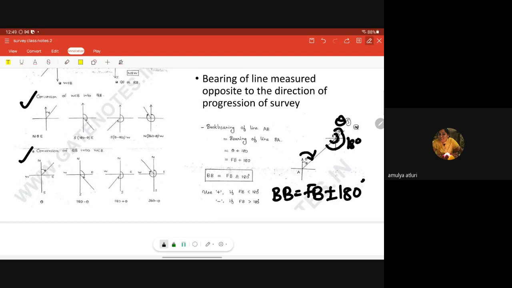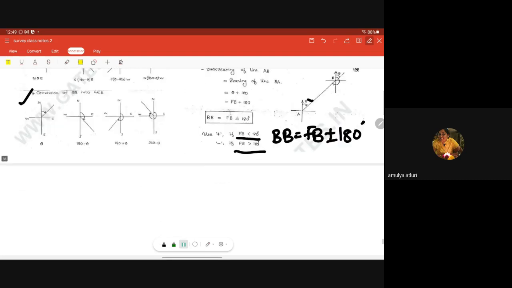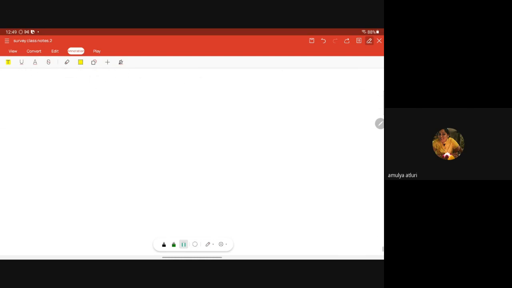We use plus if my forebearing is less than 180 degrees, and minus if my forebearing is greater than 180 degrees. Got it? So my back bearing is equal to forebearing plus or minus 180.